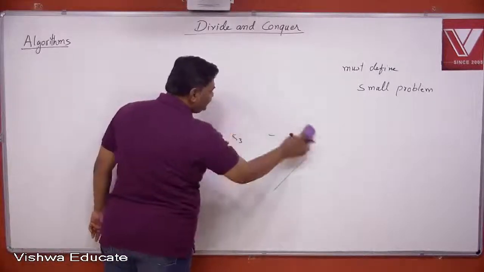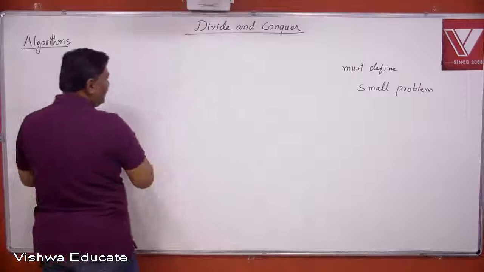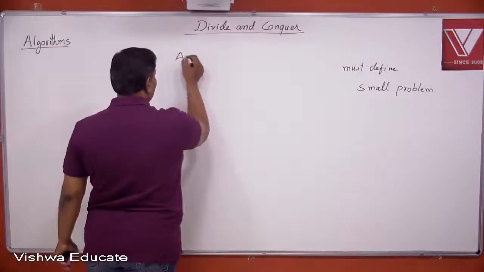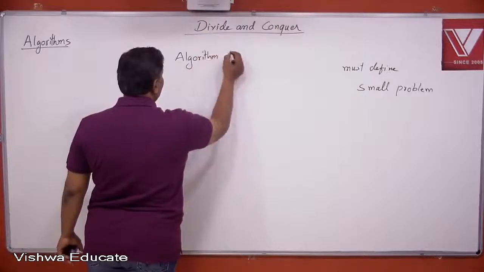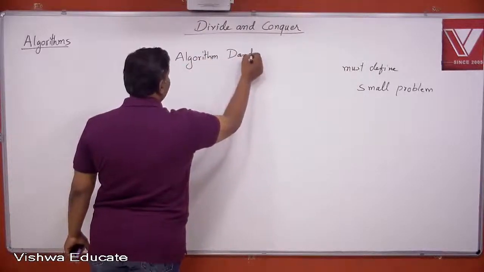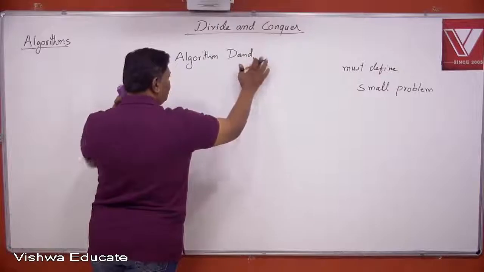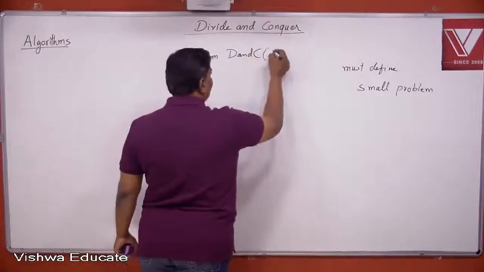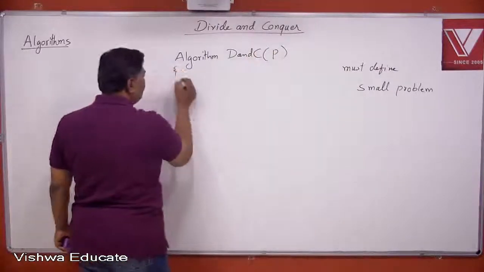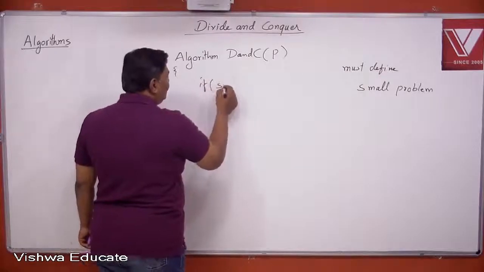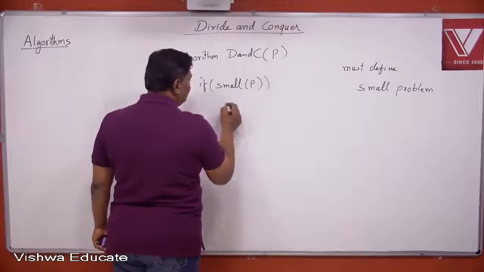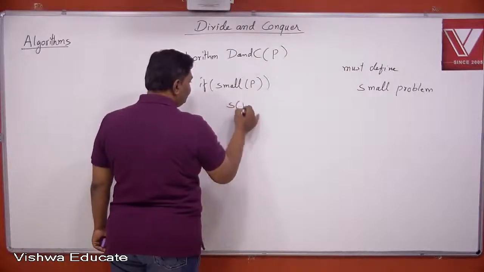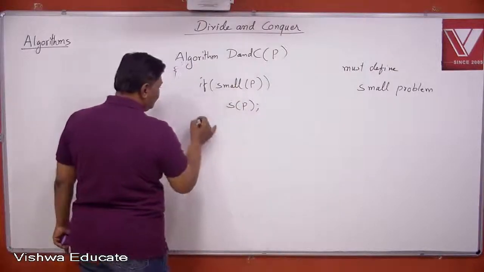What I have explained just now, let us write it algorithmically. Algorithm D and C, that is divide and conquer. A problem P is given. If it is small, then solve it using some solution.